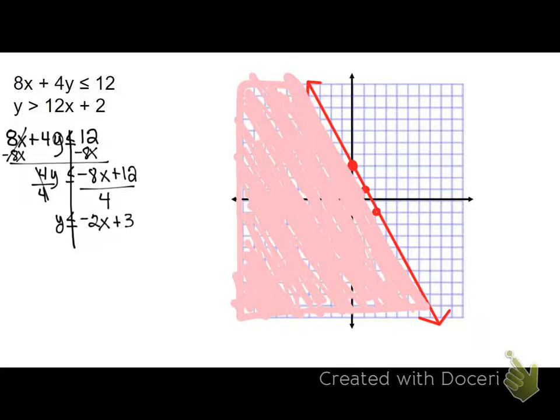Okay. The second inequality here, it's already in slope-intercept form. I bet that was supposed to say something else. You guys, you know what that's supposed to say? What do you think that 12x should be?